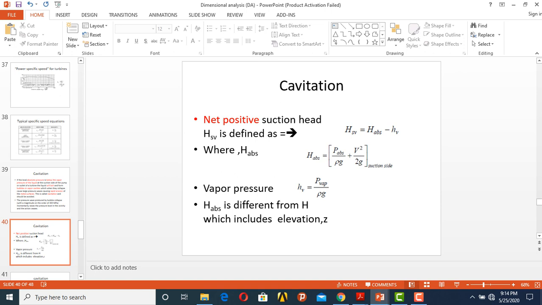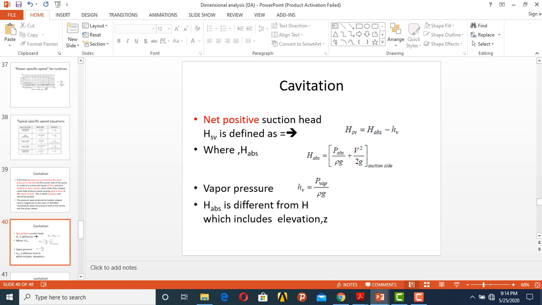Sorry for saying suction specific speed. This is the suction vapor head, which is represented by the absolute head, which excludes the static head, and is then subtracted by the vapor pressure of the fluid.